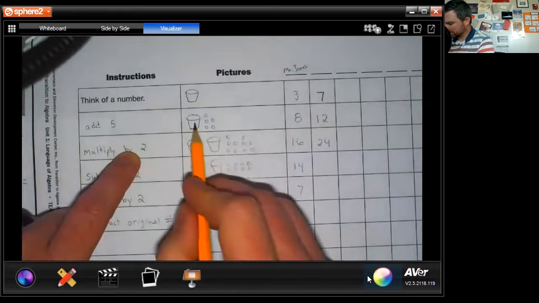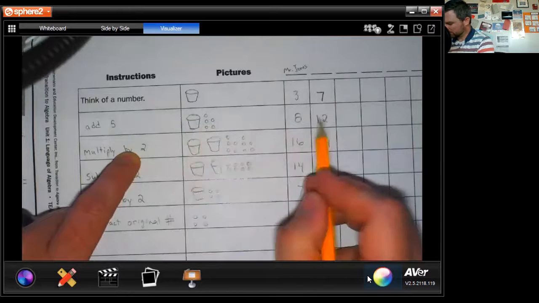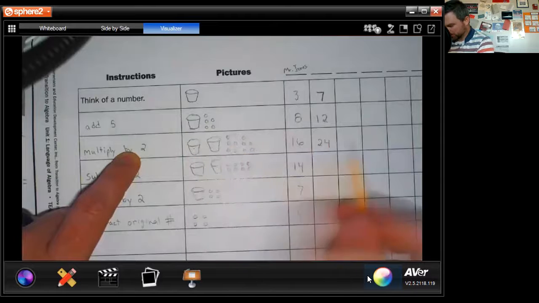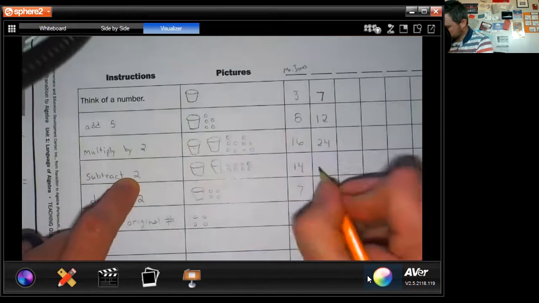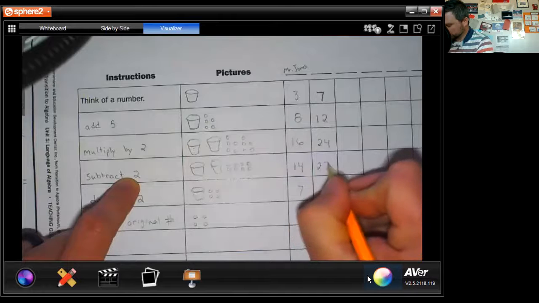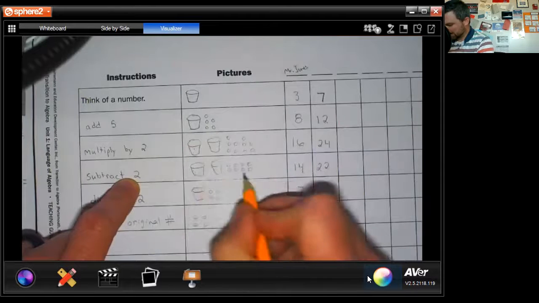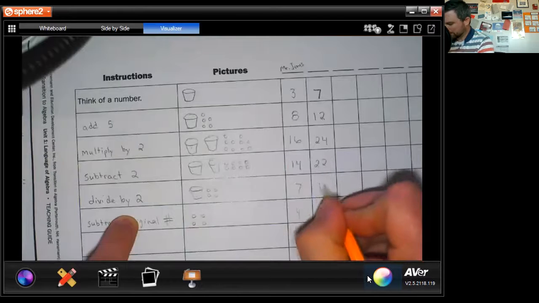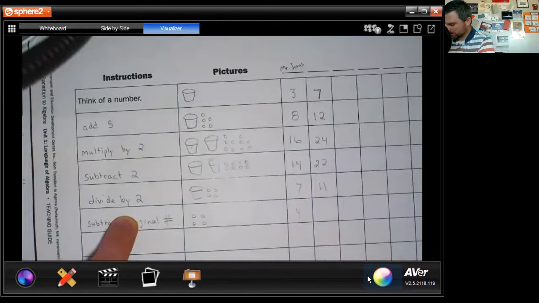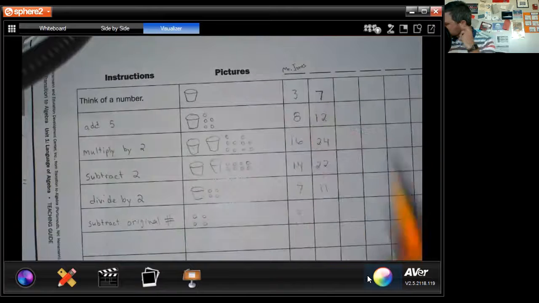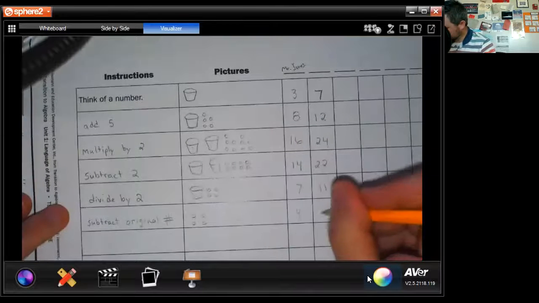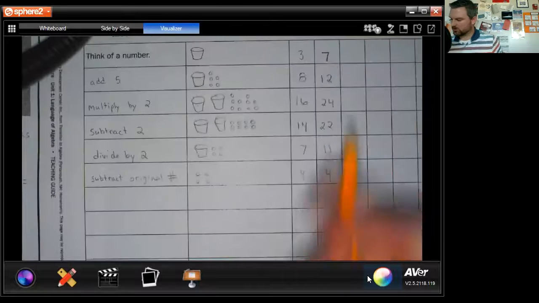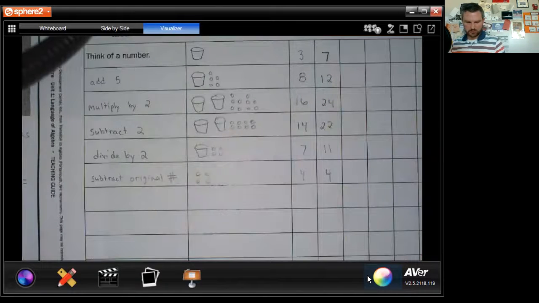So you got 7 here and 5 makes your 12. You're going to double it. So you got 7, 7, and 10, 24. You're going to subtract 2, which is 22. So you got 7, 7, and 8. Divide by 2. 22 divided by 2 is 11. Okay, but then you got to subtract your original number, which was 7. 11 minus 7 is still just 4. So no matter what number you pick at the beginning, it's still going to be 4.